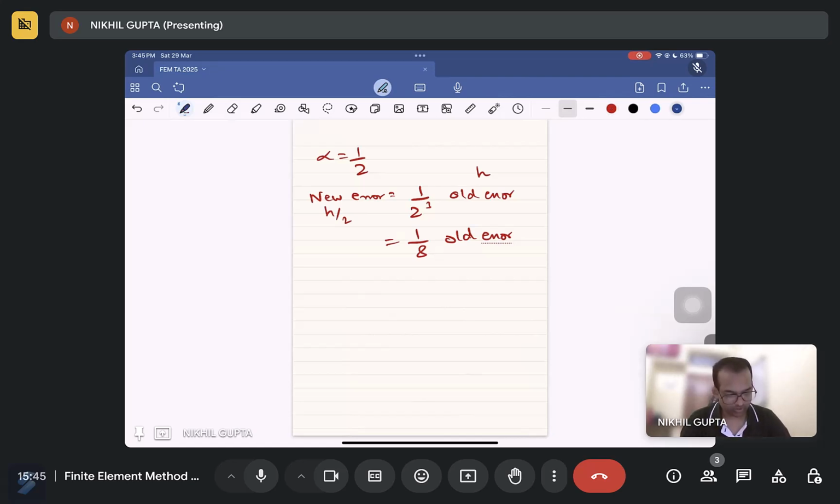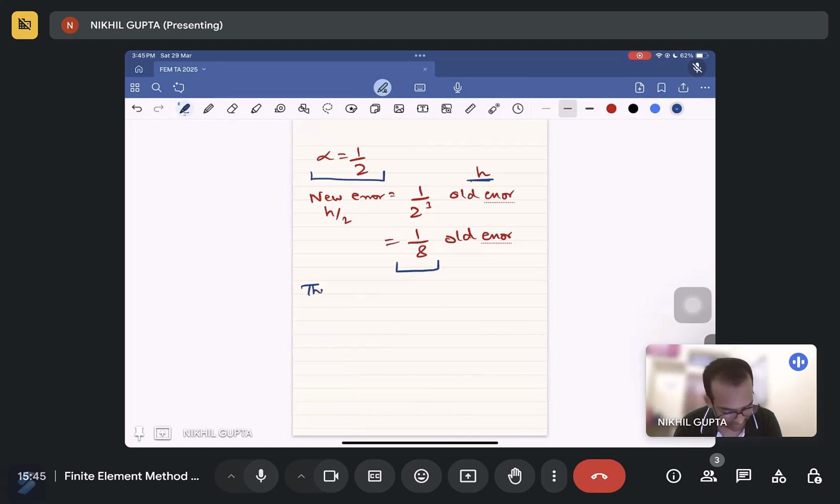Alpha is the factor by which the size of the element is reduced. So when we reduce the element by half, the error will reduce by 1 by 2 cube, so it will be 1 by 8 times. So this much error can be reduced when we make the elements half.